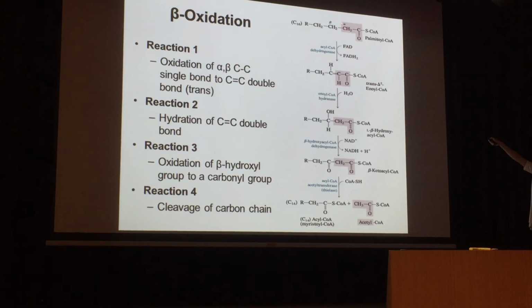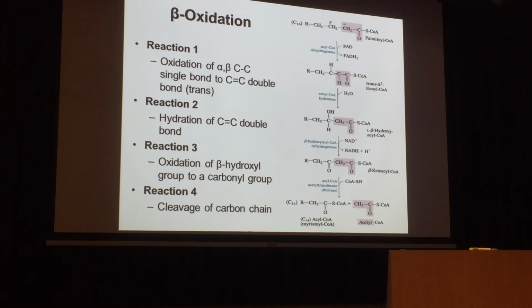Okay? So let's go through this: alpha next to the carbonyl, alpha, beta, the same as ATP, alpha, beta, gamma. So we're oxidizing this beta, that's why it's called beta oxidation. So the first reaction is to convert this alpha-beta single bond to a double bond. And the double bond must be in the trans configuration.